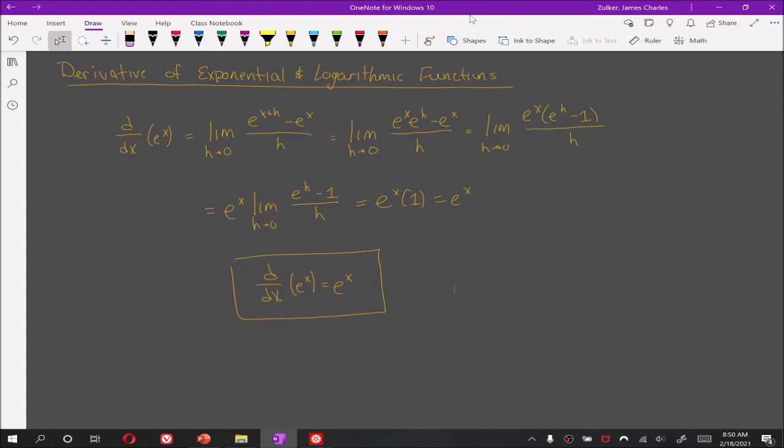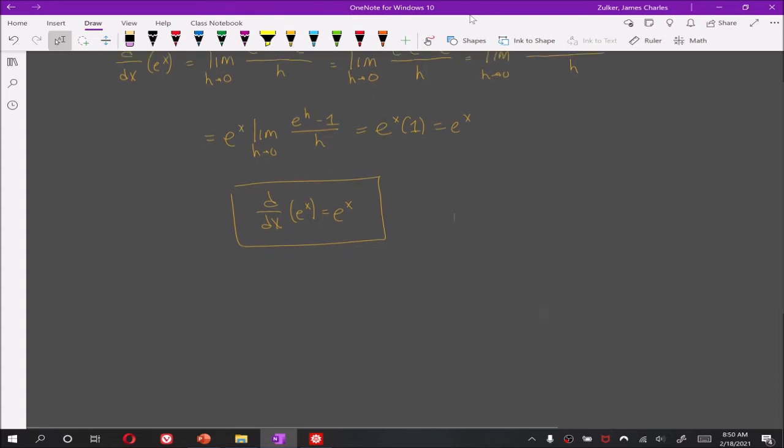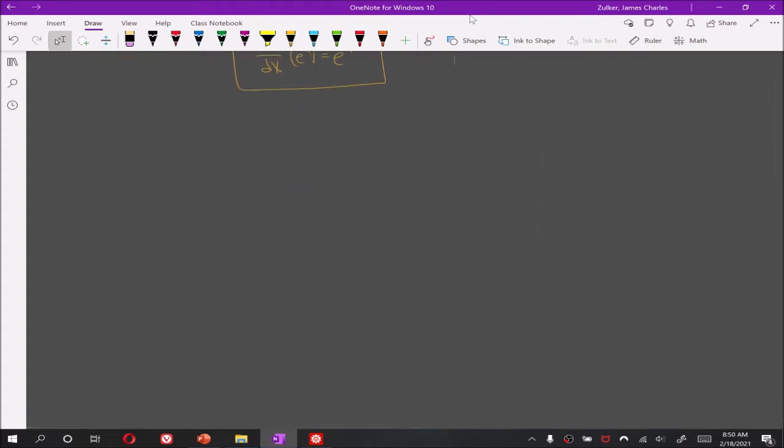We will now look at the natural logarithm function. Now, recall from pre-calculus that we said y is equal to the natural log of x if and only if x was equal to e to the y.